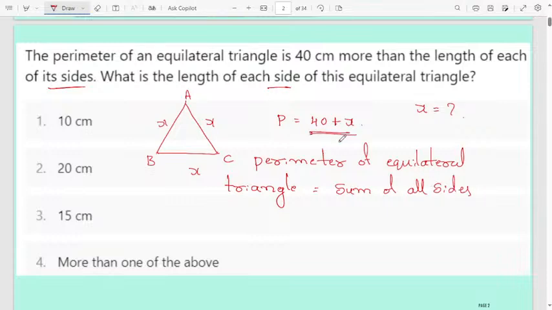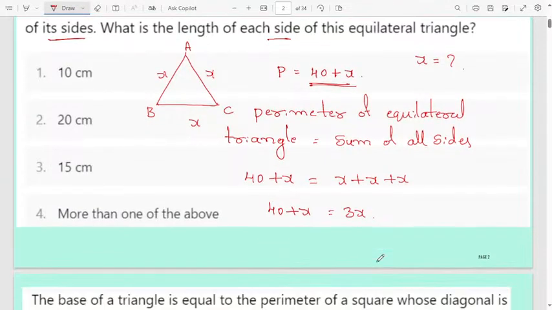The perimeter is given as 40 plus x. This will be equal to the sum of all sides: x plus x plus x, write it in full form. Then 40 plus x will be equal to 3x.